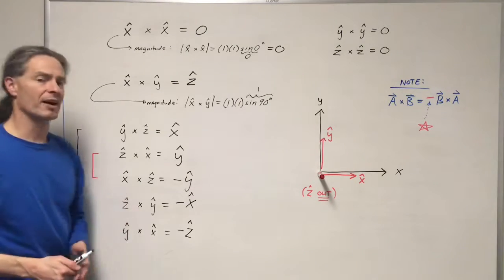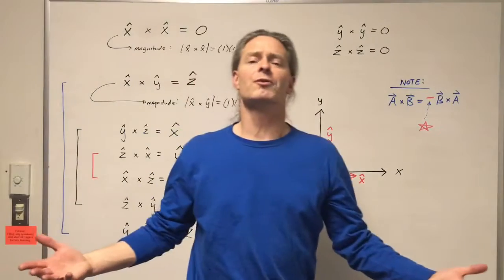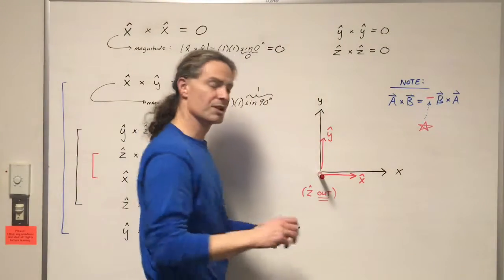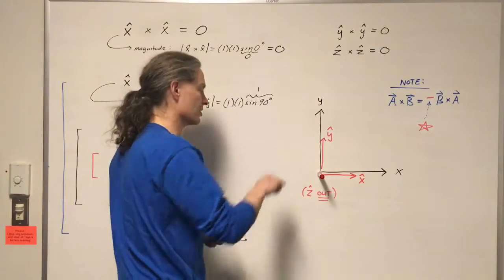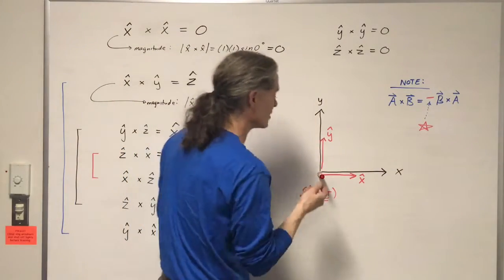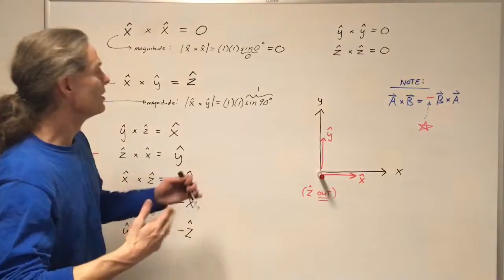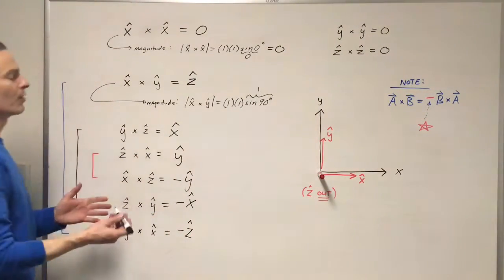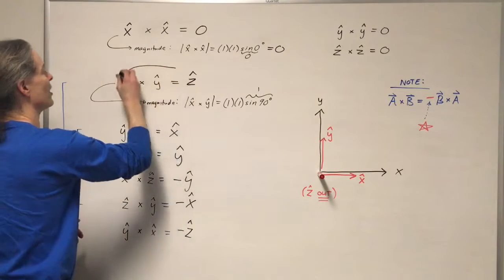Alright, so you should go and work through these all yourself. Write yourself down a right-handed coordinate system. Make sure it's a right-handed coordinate system: x, y, z. It has to have that orientation. Or alternately, now that we know the cross products, a right-handed coordinate system is defined by this.